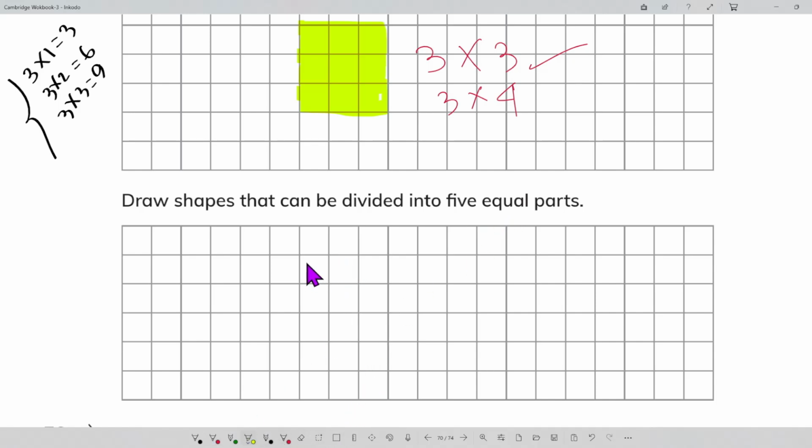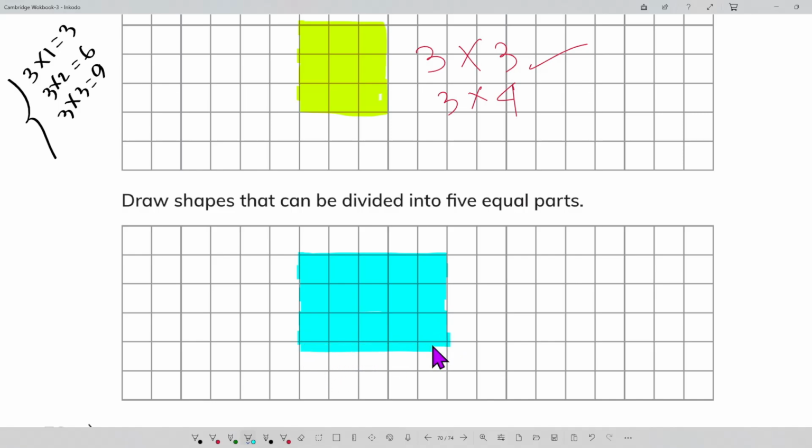Next, draw shapes that can be divided into 5 equal parts. So we can take 5 like 1, 2, 3, 4, 5, right? So this is 5. Again we can take another row. It means 5 times 2 is 10, and 5 times 3 is 15.